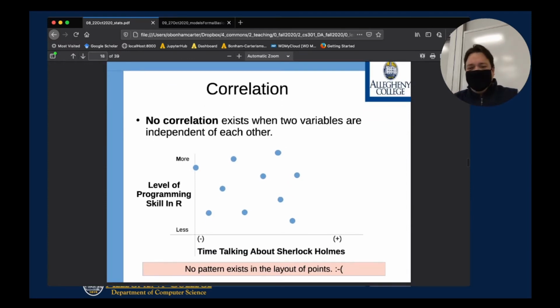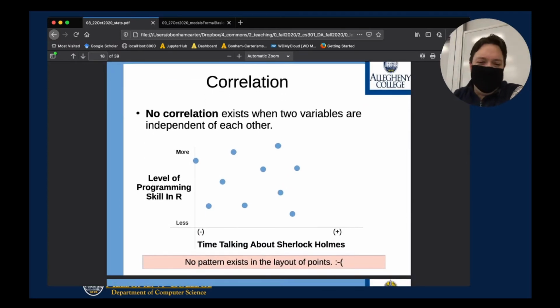This is a no correlation, which means that there's nothing going on. It doesn't matter how much data you plot here, you don't get a distinguishable line. The amount of time talking about Sherlock Holmes and the level of programming skill in R seem to have no response to each other. In other words, one thing is not influencing another.